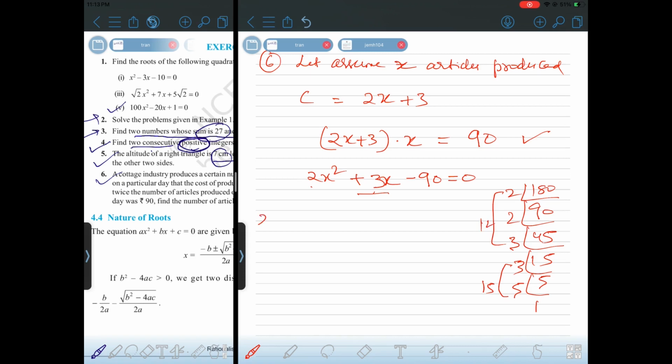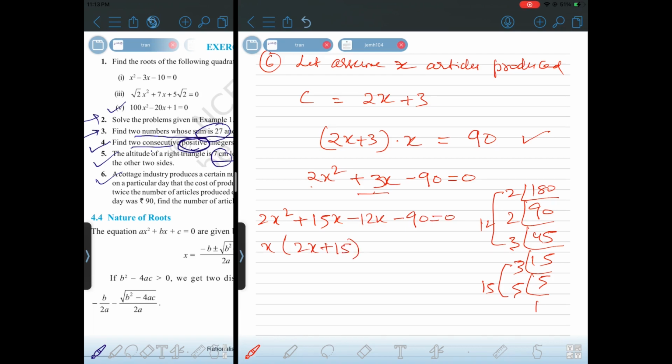So simply we can say 2x squared plus 15x minus 12x minus 90 is equal to 0. Here we can take x as common. That gives us 2x plus 15.